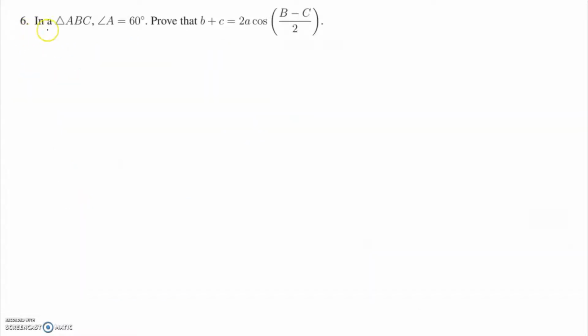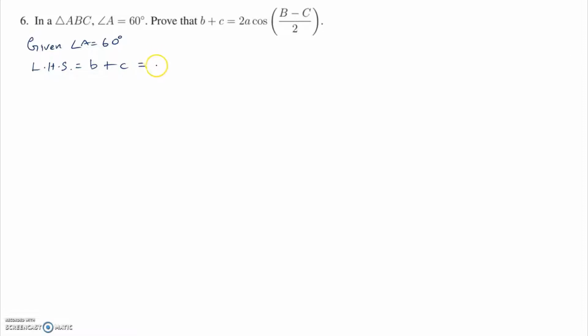Question number 6. In a triangle ABC, angle A is equal to 60 degrees. Prove that b plus c is equal to 2a cos B minus C by 2. So what is given to us is angle A is equal to 60 degrees. Now let's take the left hand side, which is b plus c.